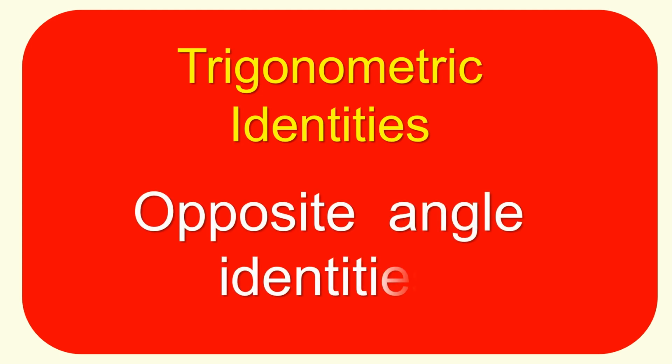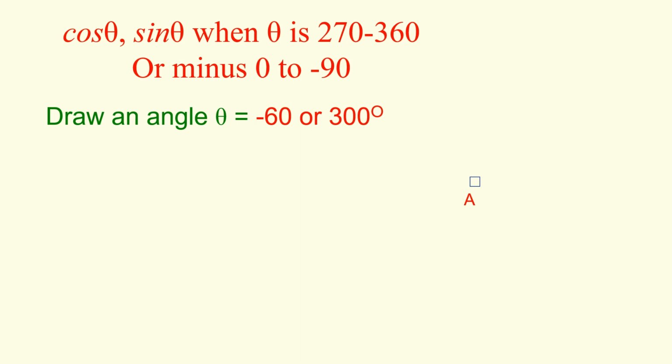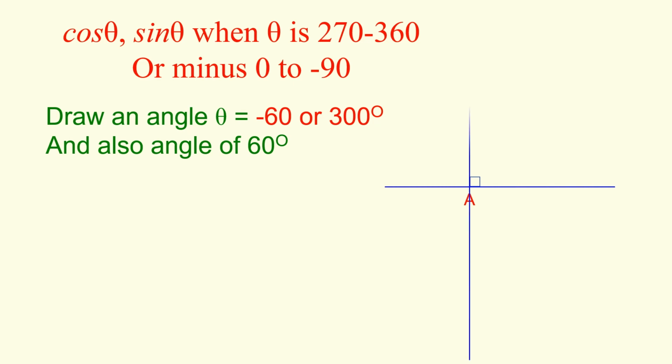Opposite angle identities. To learn these identities, we draw two opposite angles. Draw minus 60 degrees or 300 degrees and another 60 degrees.